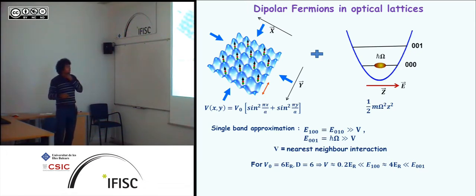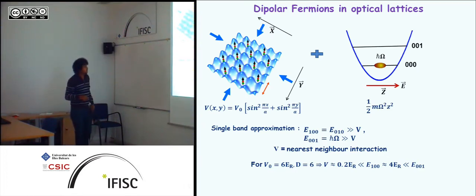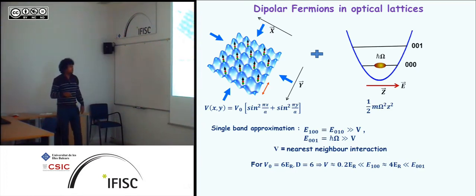So here what we have is again the same system. We have some optical lattice which is some periodic potential, and the dipoles are polarized in the z direction, which I plot here. And these are the harmonic trapping along the z direction, and these are the levels.